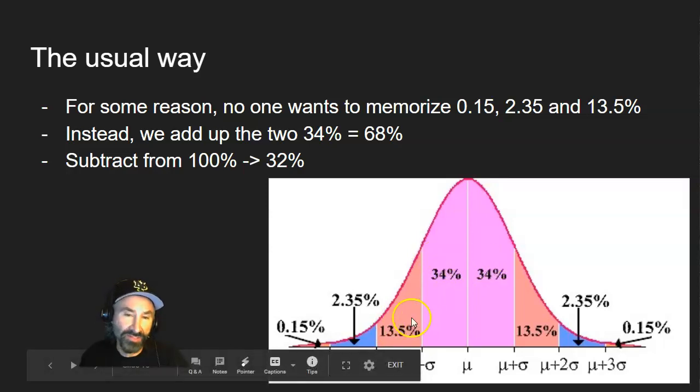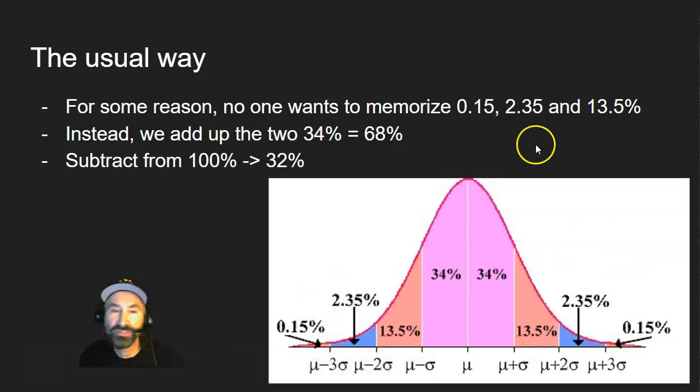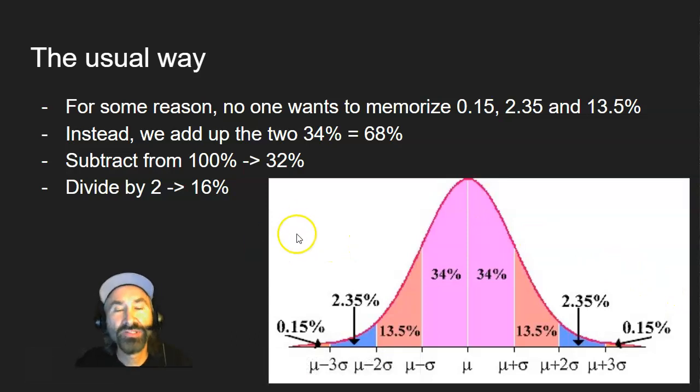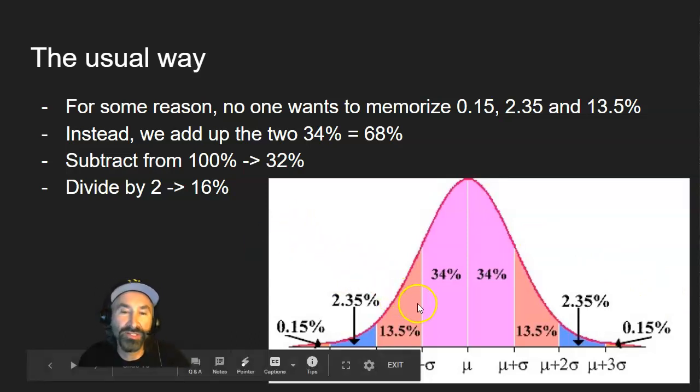That means if I added this bottom part plus this top part, it must all add up to 32, because the whole thing's 100%. And if I divide that 32 into two parts, then the bottom part must be 16% and the upper part must be 16%. So this is the way we traditionally come at figuring out what percent of data is below a certain number of standard deviations from the mean.